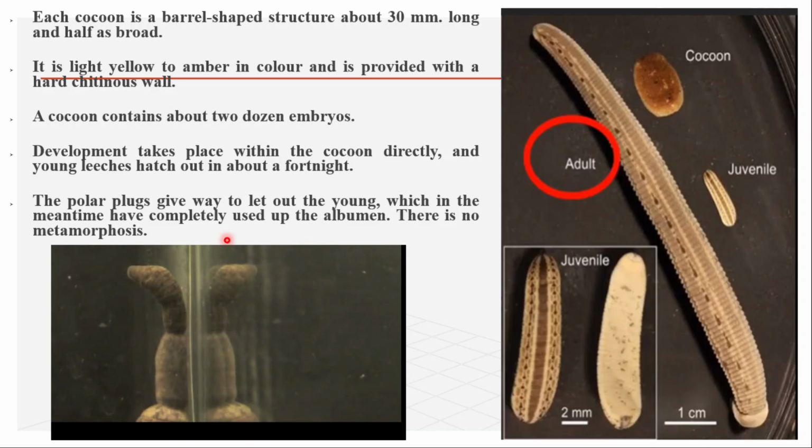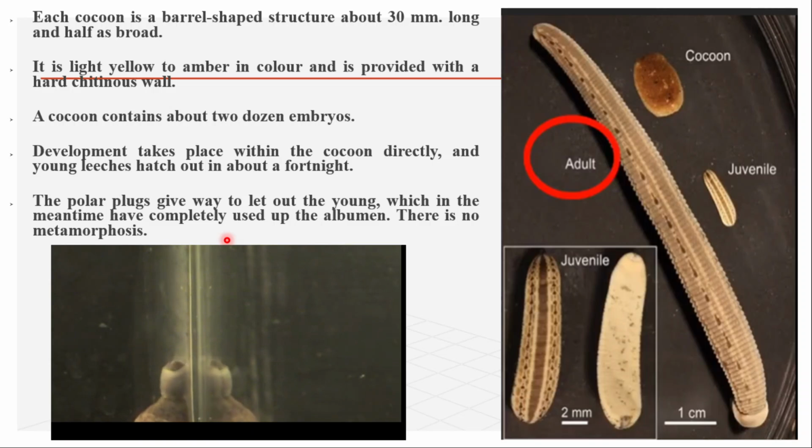See, slowly the cattle leech wriggles out and tries to remove its body from the girdle. Slowly, slowly, it is removing itself from the girdle. The white layer of the girdle you are seeing in the video here.